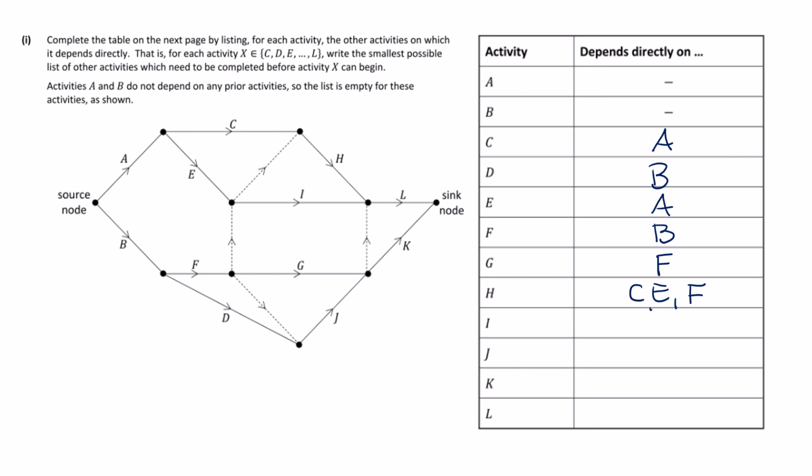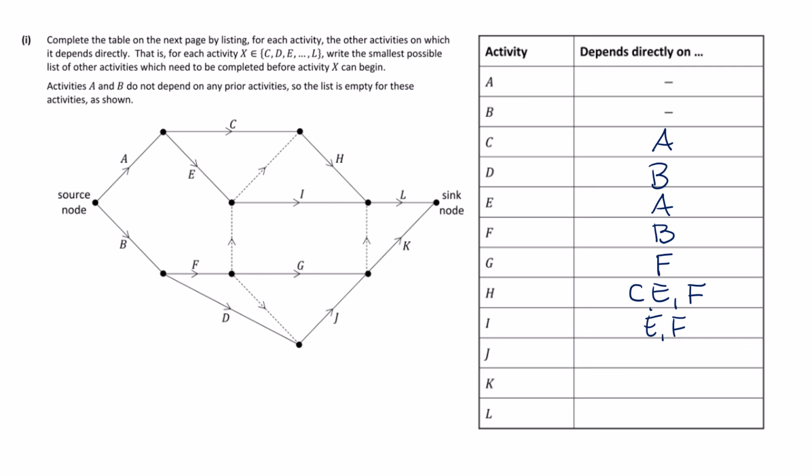Then if we move on to I, I has E, and I has a dummy, which F is feeding into. And that is it. So we have E and F.